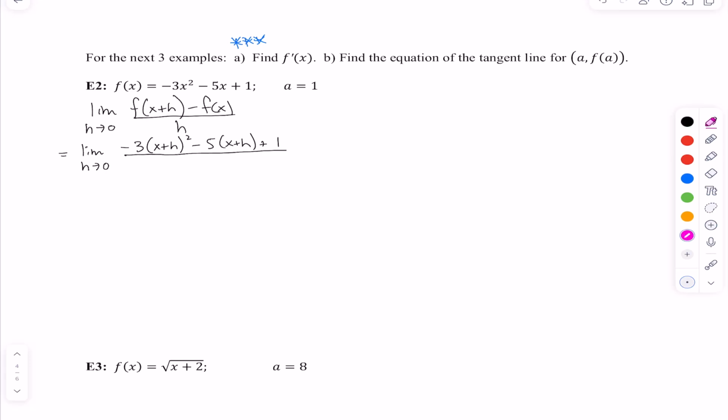Now you may have wondered, is it necessary to check the form? The form will look like very small over very small, which is in fact indeterminate. So as you're practicing evaluating limits, you always check the form. Notice the very first expression is indeterminate. Now there's not much to this.